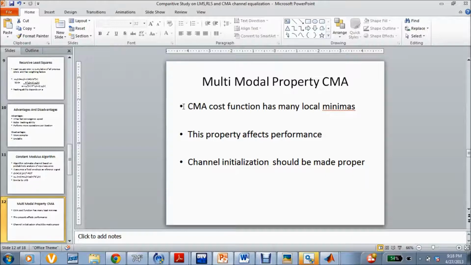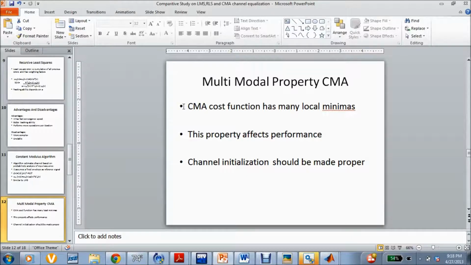Sometimes, depending upon the characteristics of the channel, the depth of these minima can vary widely, and each minimum has different delay and different polarities, so different characteristics. So, if the cost function predicts a very low local minimum, then it might affect the performance. So we have to take care of this by using proper channel initialization.